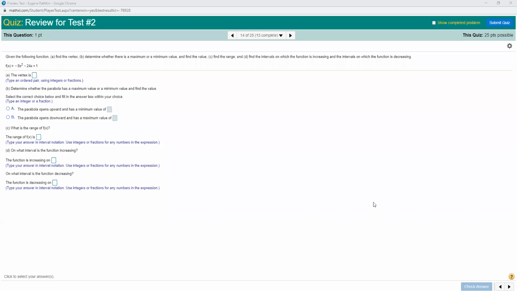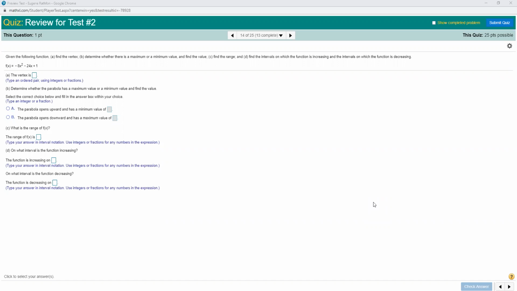All right, so 14 here has been taken off the test, but we're still going to work it. So let me write this down real quick. We got f of x equals negative 8x squared minus 24x plus 1.